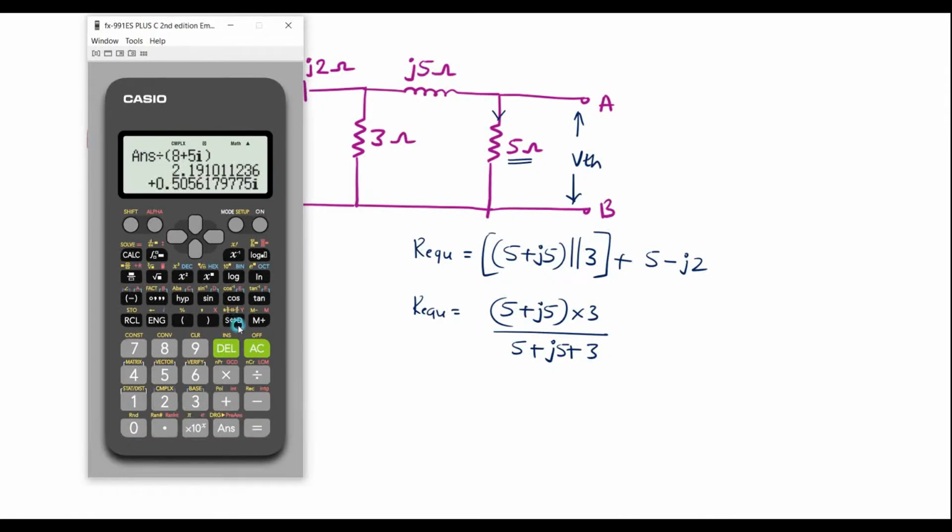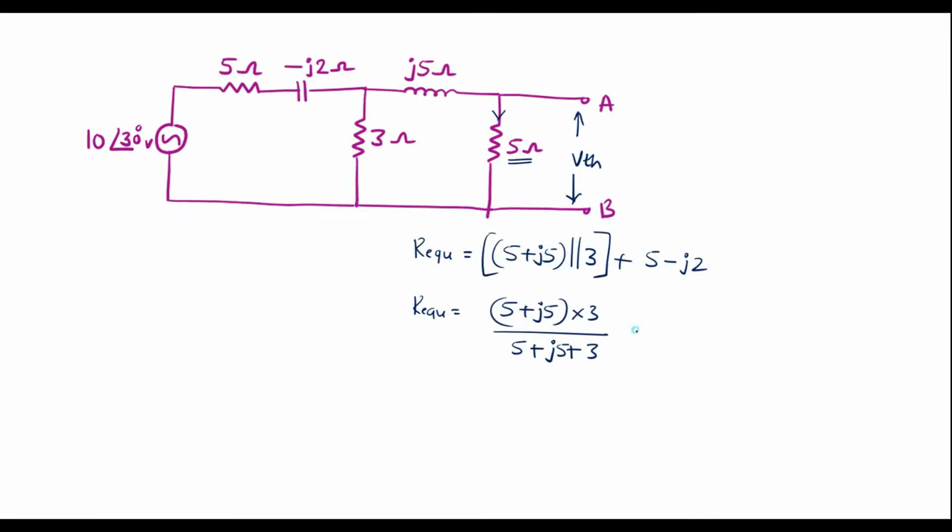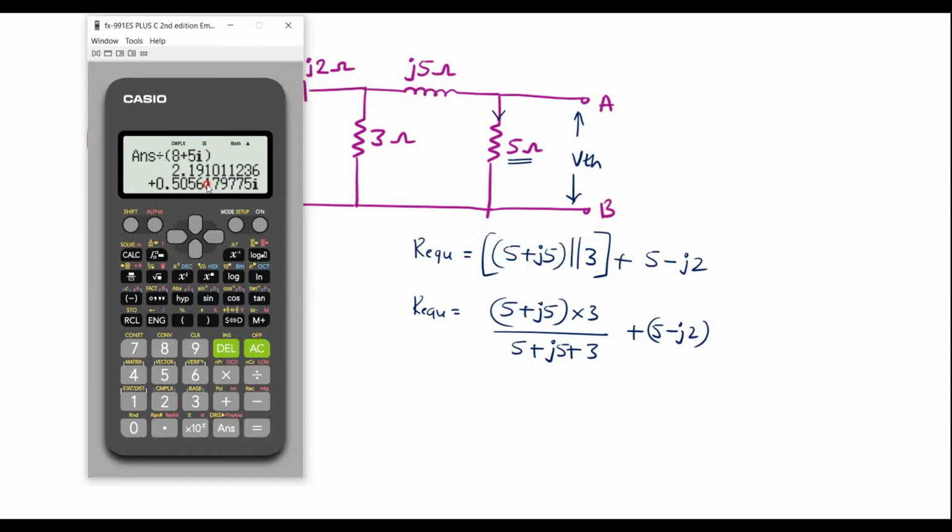So it gives this value, plus we have 5 minus J2, that is this value is added with 5 minus 2i. So this is the final value, that is R equivalent is 7.19 minus 1.494J.